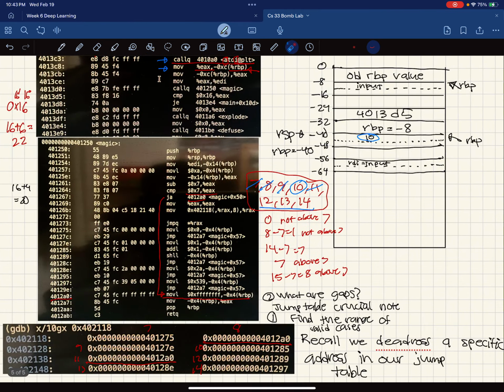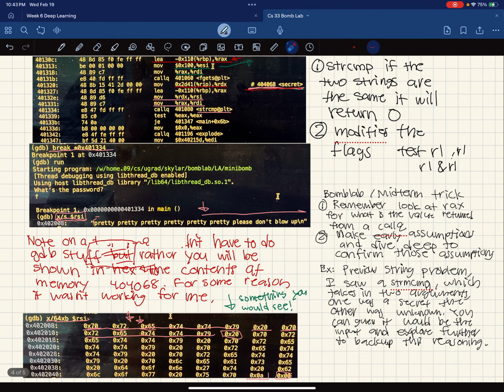So yeah, that's reviewing the question we just did. Now the string question. More very important things is, remember, strings are 0 byte terminated or null byte terminated, which is represented with zero. So if we see something like this and we're given an assembly dump, these are all the hex values of actual characters.